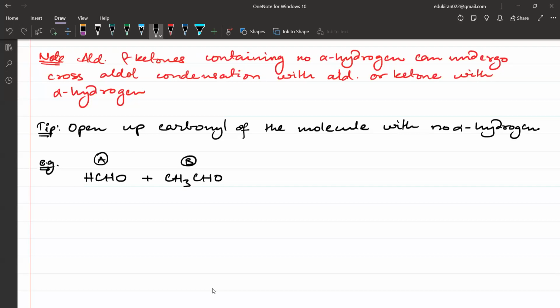And if I look at the molecule A and B and tell me which has alpha hydrogen, A or B? Options are A, B, both, none. Both of them are attached to the carbon.